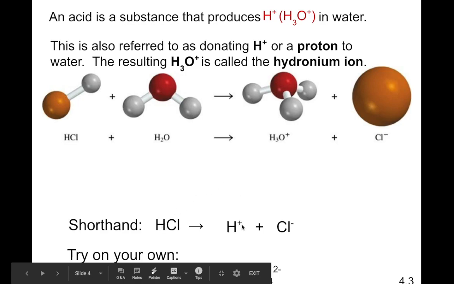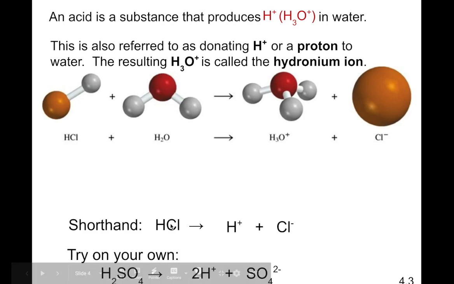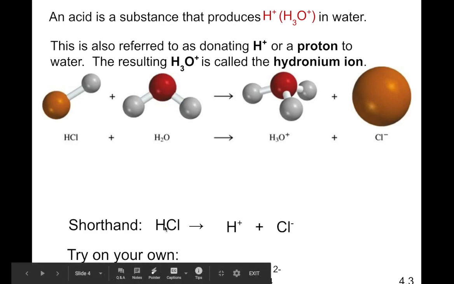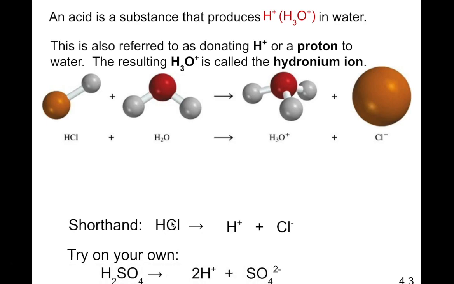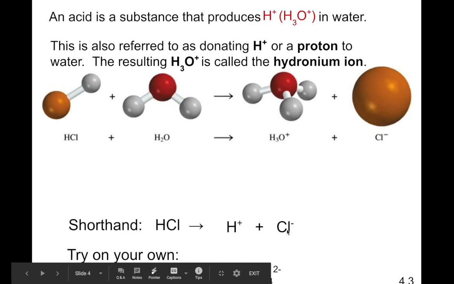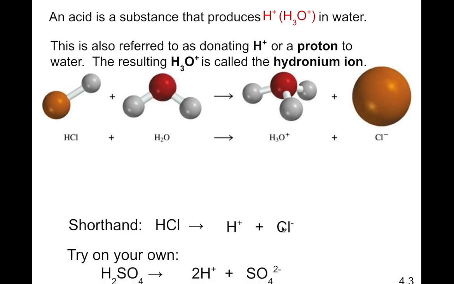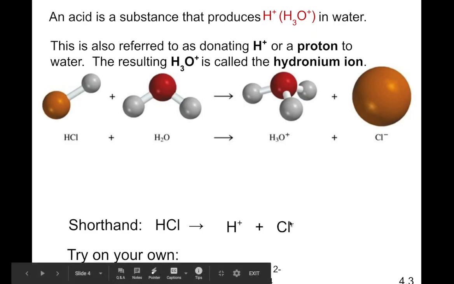That's why this is positive. The hydrogen becomes positive 1 because it leaves its electron behind with chlorine. And when chlorine gains that extra electron that was in this bond, originally donated by the hydrogen, it becomes chloride. Also, because chlorine is in group 17 of the periodic table, it can gain 1 electron to achieve its octet, and hydrogen loses 1.